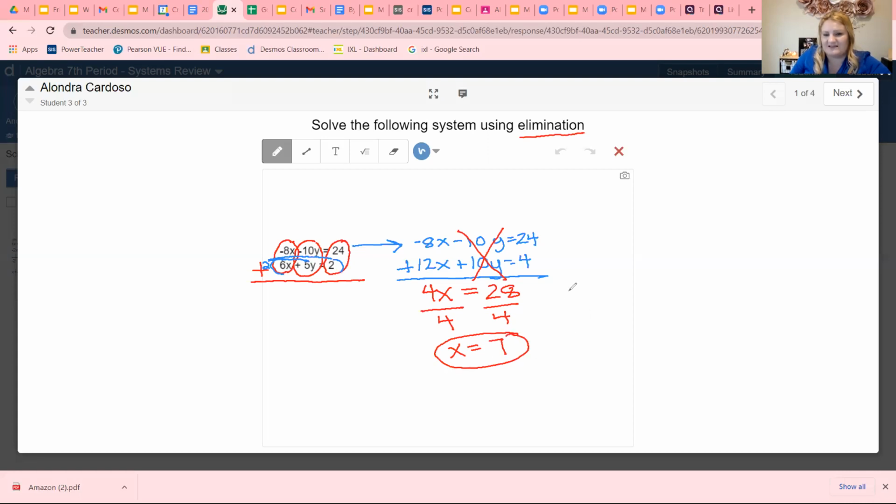So now that I have my x value, now I have to figure out what the other variable is, which is the y. So I can take the original equation, 6x plus 5y equals 2, and I can plug in this x right here.